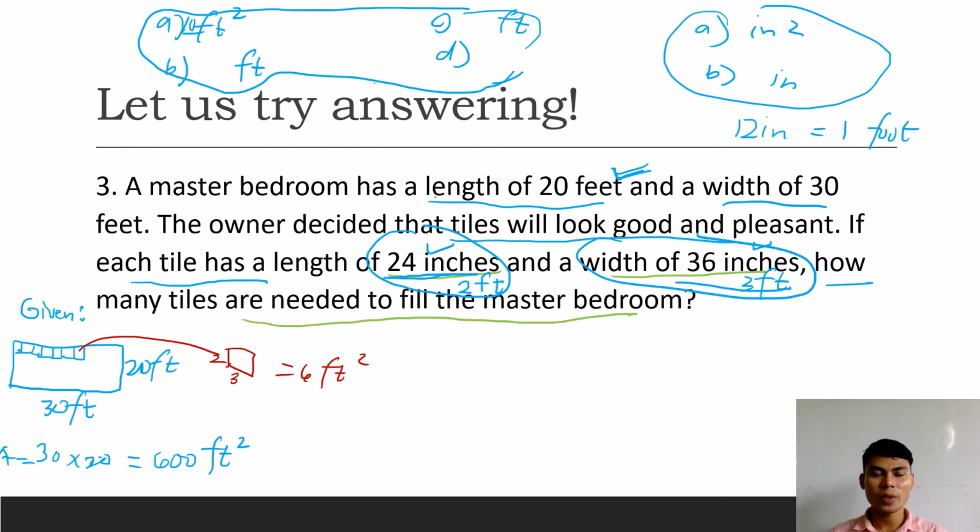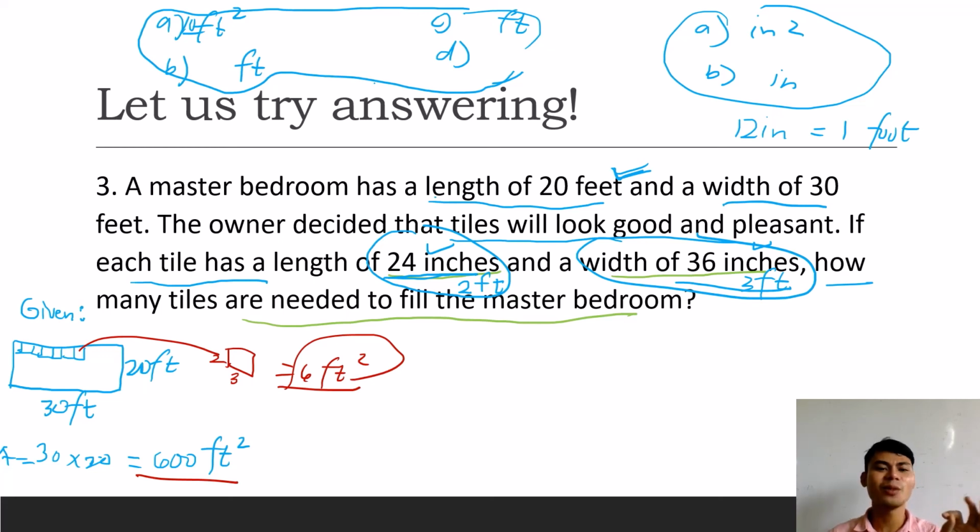Okay, so in that case, the area of the tiles placed in the bedroom is 6 square feet, and the area of the bedroom is 600. Ah, okay. That's the realization you should have. Since the bedroom will be filled with small tiles, the area of one tile is 6 square feet.